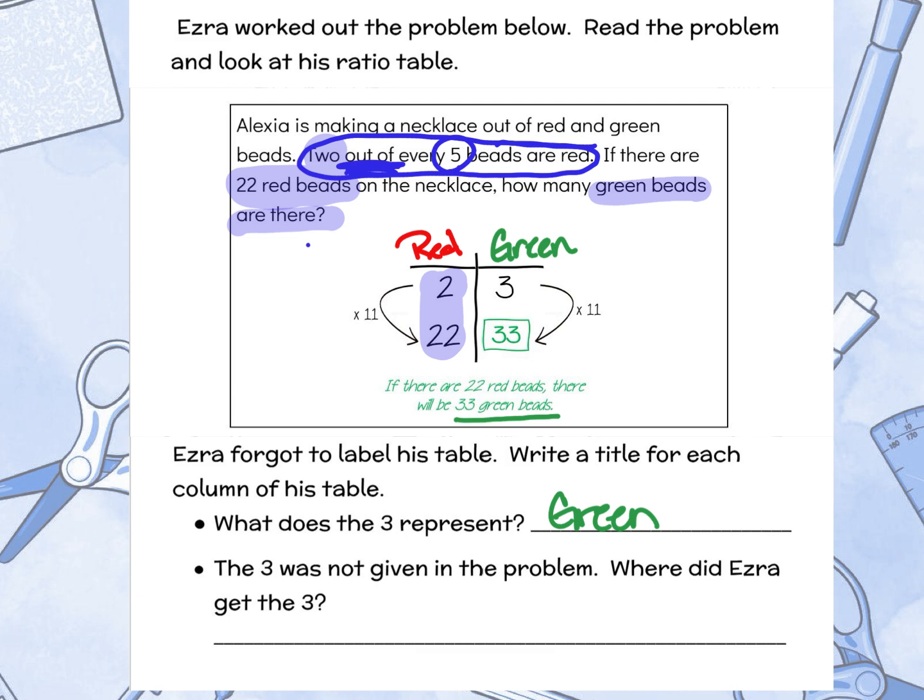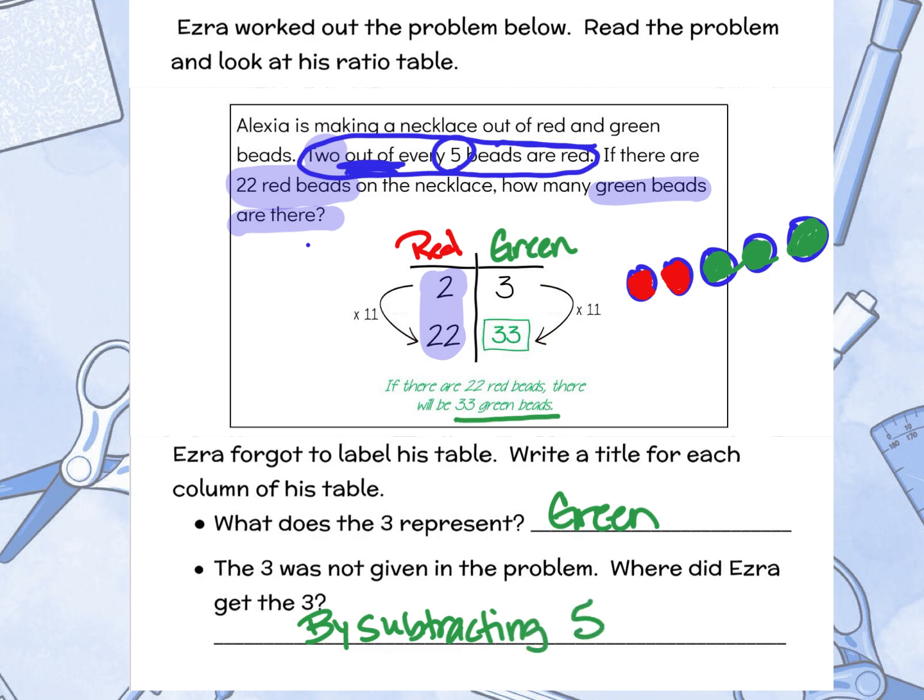If we have 5 beads, 1, 2, 3, 4, 5, and 2 of them are red, and the rest are green, how many green does that leave? 3. Okay, so he had to figure out that there were 3 green beads. Okay, so he figured out 3 by subtracting 5 minus 2.